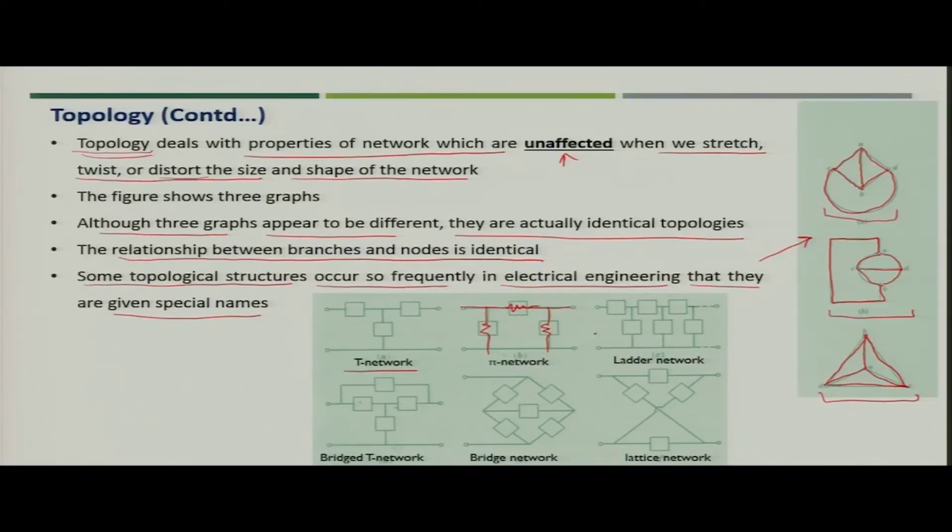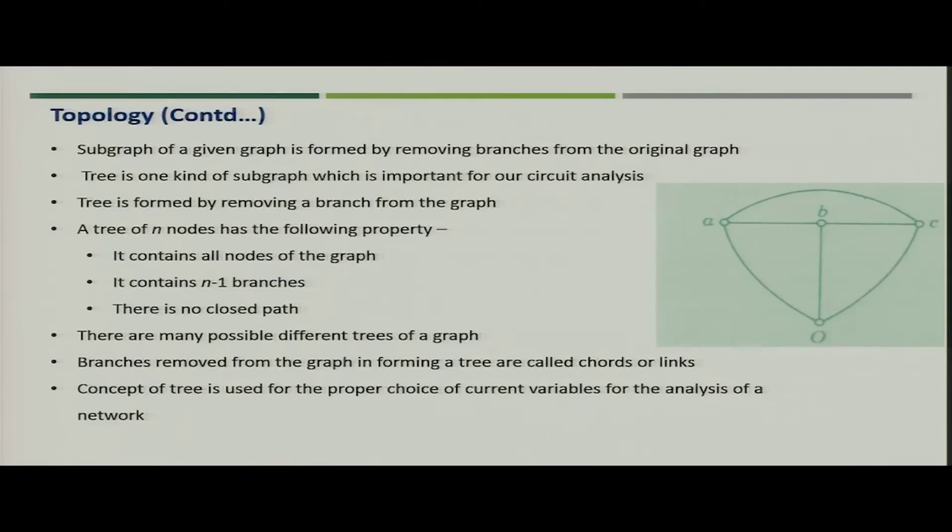If you can understand the topological information, it is very easy for you to analyze the circuit. Now, let us talk about the subgraph. A subgraph of a given graph is formed by removing branches from the original graph. So, if you remove one branch like this, it will become a subgraph of the original graph.